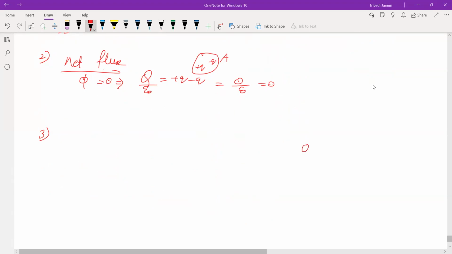Now let's take some point charge Q and some area here outside this, and the electric field lines are passing through it.